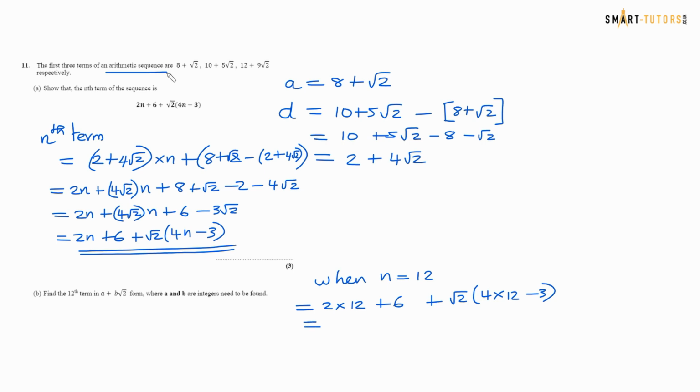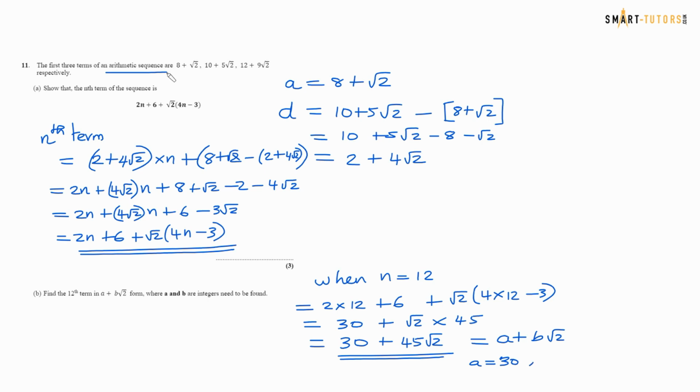If you simplify, 24 plus 6 is 30, plus root 2 times 48 take away 3, which is 45. So the answer is 30 plus 45 root 2. This is in the format of a plus b root 2. So a equals 30, b equals 45.